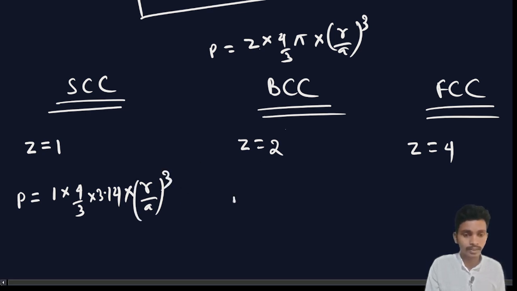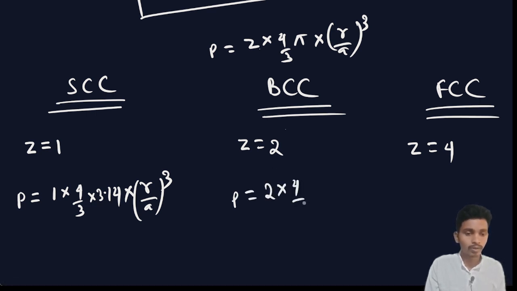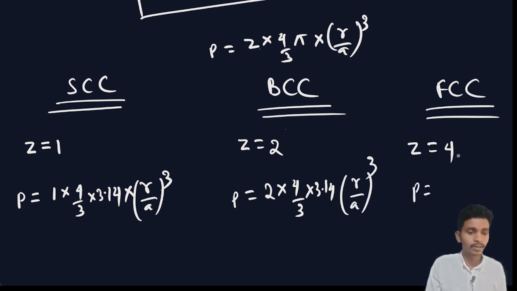For BCC, it is 2 into 4 upon 3 into 3.14 into r upon a whole cube. For FCC, again, it is 4 into 4 upon 3 into 3.14 into r upon a whole cube.